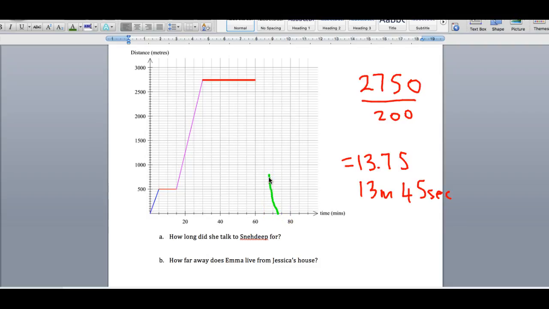Oh, it didn't work too well, did it? Can I undo that? Didn't have it on a straight line. Okay, so start there. There we go. There's our line. All right. So we have this here, our green line.